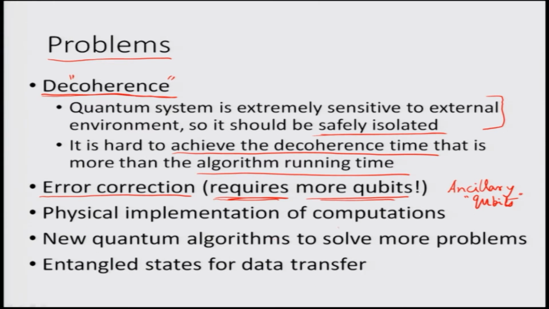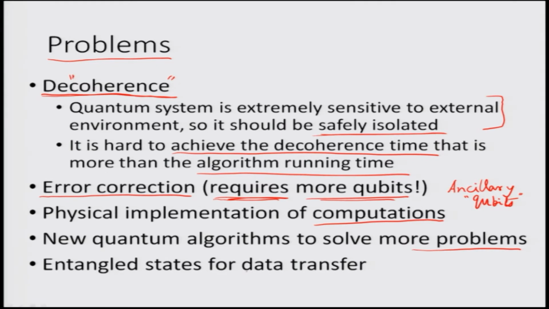The physical implementation of computations has always been one of the challenges. New quantum algorithms to solve more problems is another area where a lot of effort has been dedicated. As we know, there are only a few limited quantum algorithms which take advantage of the quantum nature of the system.